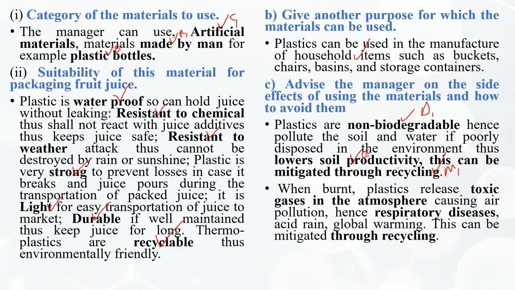And then another point you can have: when burnt, plastics release toxic gases in the atmosphere. That is the danger, causing air pollution, hence that is the effect: respiratory diseases, acid rain, global warming, and this can be mitigated through recycling.